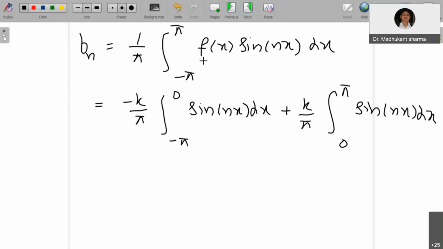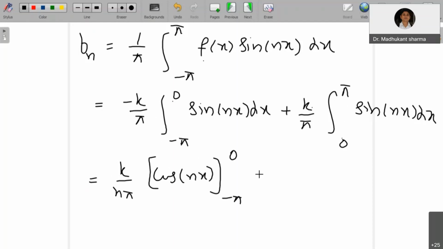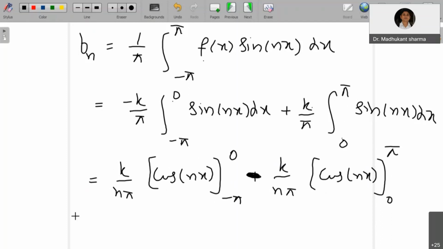I'm using the definition f of x is minus k over minus pi to 0 and plus k from 0 to pi, and they are taken out. Now the sine integration is minus cos, so we get plus k by n pi cos of nx from minus pi to 0, plus k by n pi with a minus sign, cos of nx from 0 to pi.